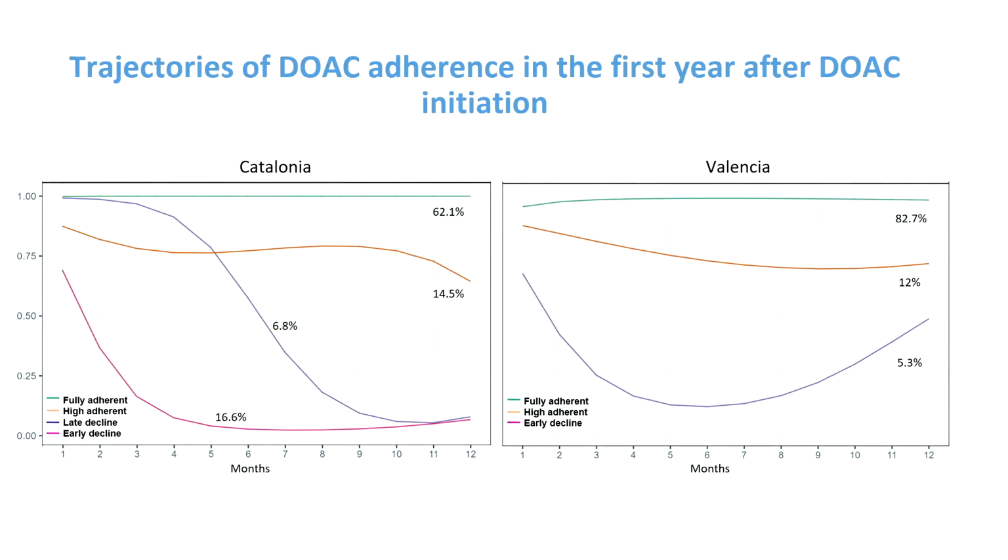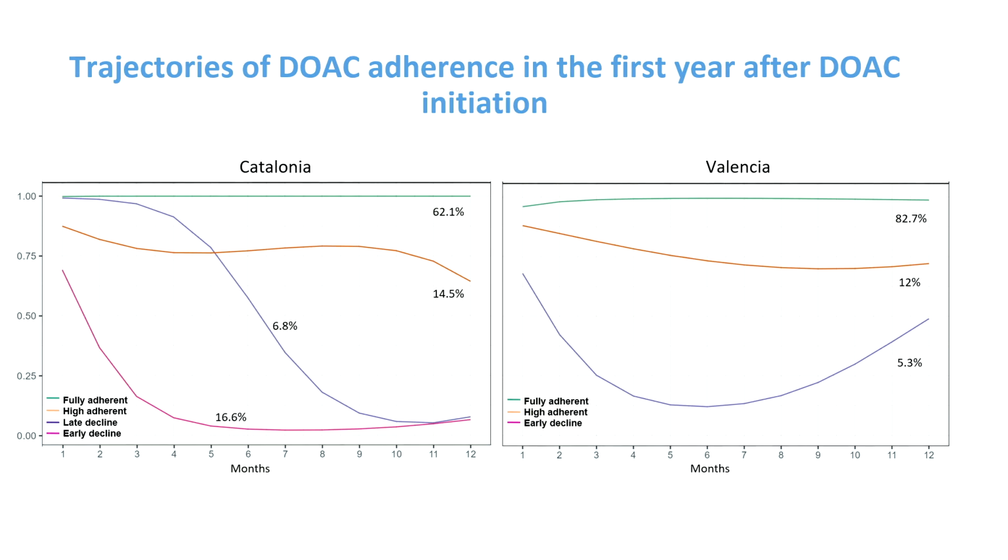This slide shows the trajectories of adherence to drugs in the first year after the initiation of the drug. Adherence trajectories were calculated using the latent class and latent process approach, the R package. A grid of parameters was used to determine the best trajectory model. Specifically, polynomial degrees 2, 3, and 4, and the number of classes 2 to 6 were tested.